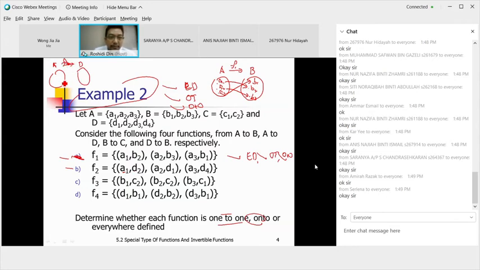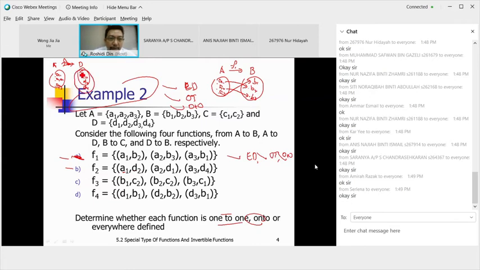F2 has A1, A2, A3, dot, dot, dot. D has D1, D2, D3, D4.